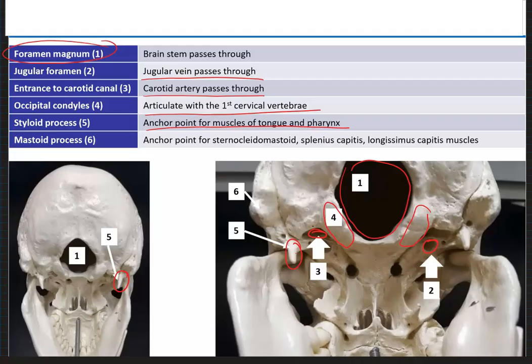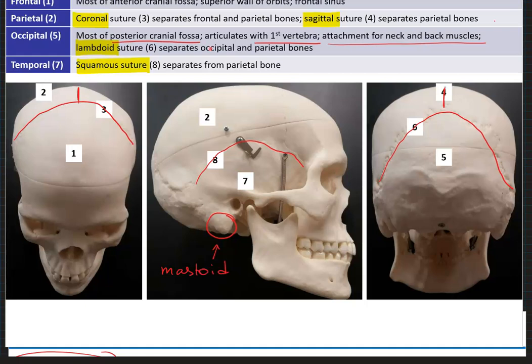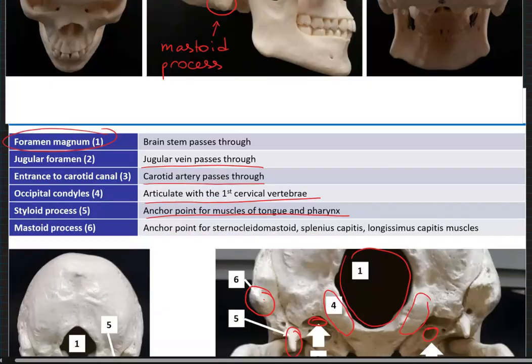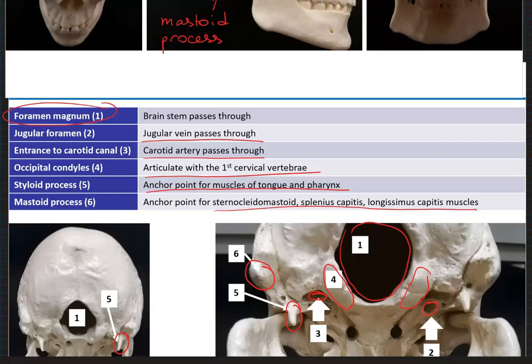And finally, the mastoid process, seen here and in a much clearer fashion here, is the anchor point for muscles such as sternocleidomastoid, splenius capitis, and longissimus capitis, which move your head.